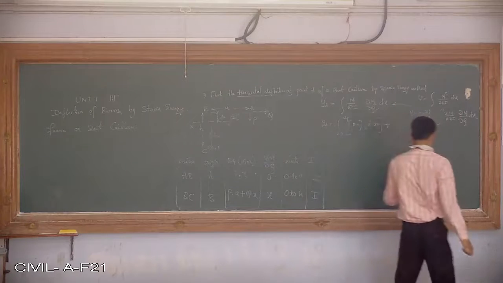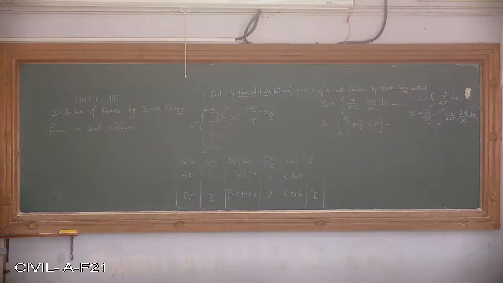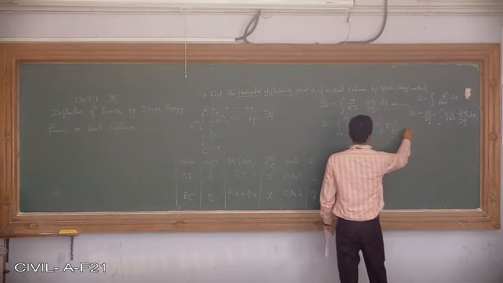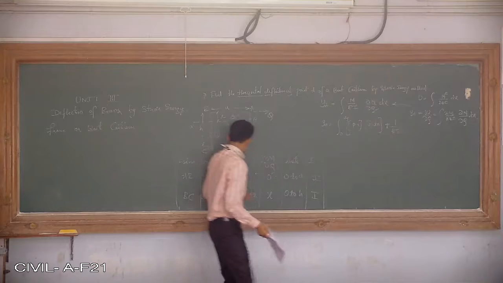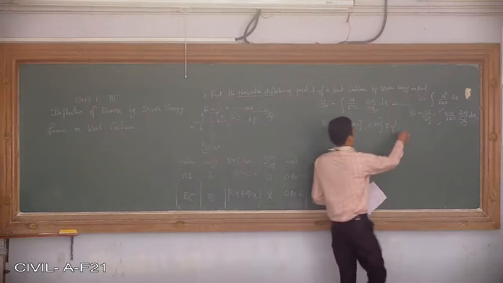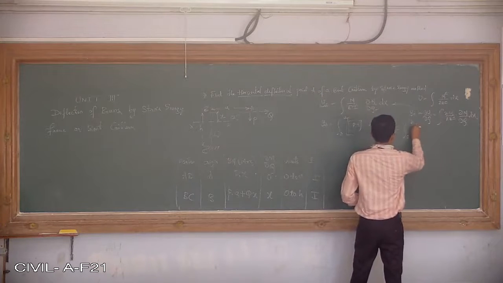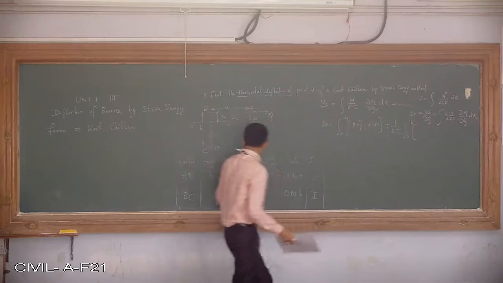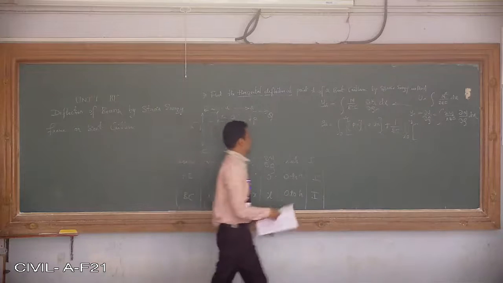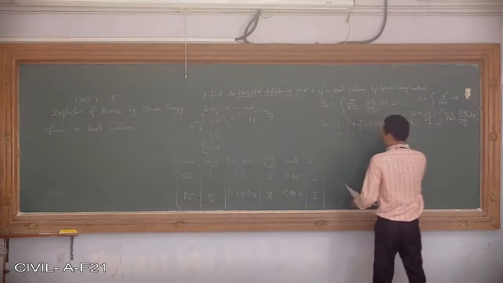Plus 1 by EI. So the second term is P into A plus Q into X. Right. So it is integration of 0 to H. So you have the second term P into A plus Q into X, that is the bending moment equation.